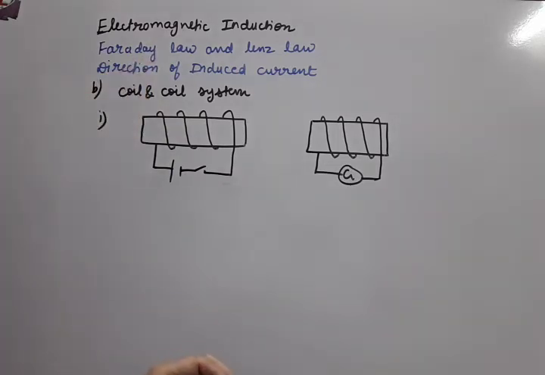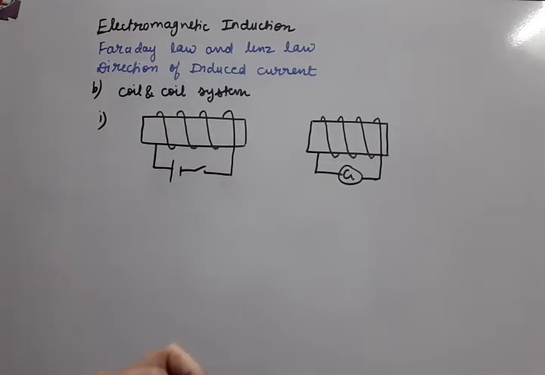Faraday's law says that whenever there is a change of magnetic flux linked with any coil or closed circuit, there is production of induced current. That means even without the presence of a battery, the current flows in the circuit.